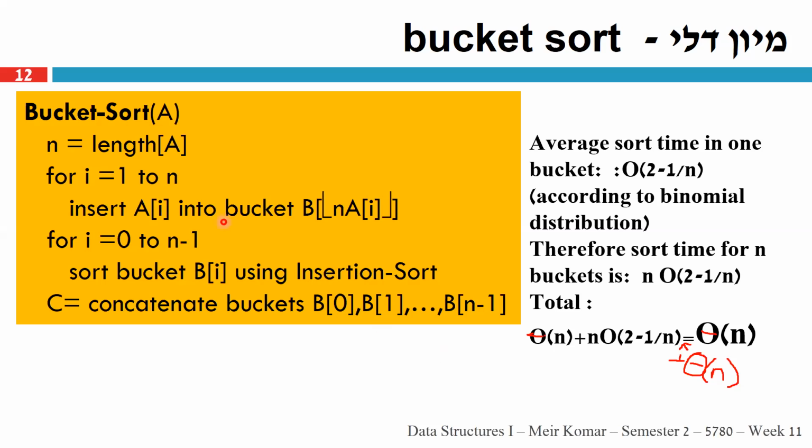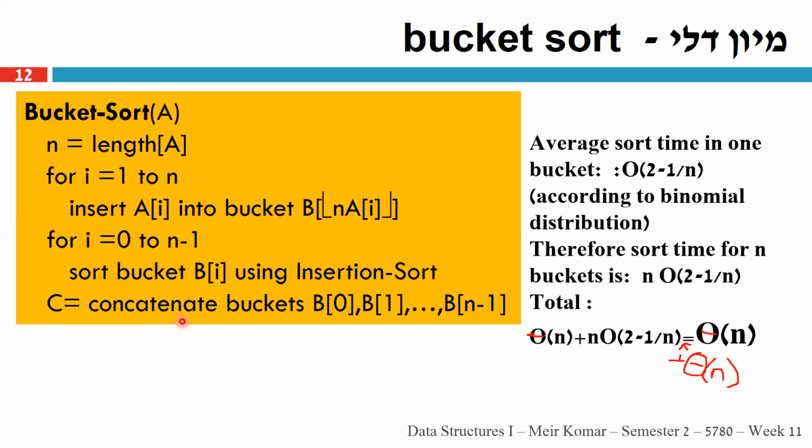Okay, so this loop here runs theta of n, right? Not O of n, it's theta of n. It runs n times. We said that all these sorting operations cost me n times O of 2 minus 1 over n. And the concatenation of the buckets costs me theta of n. I'll just go through the list.